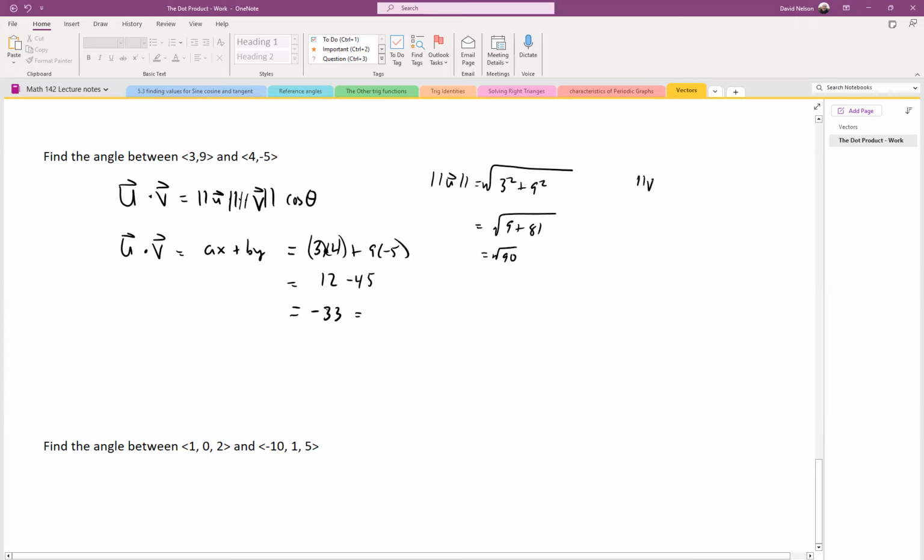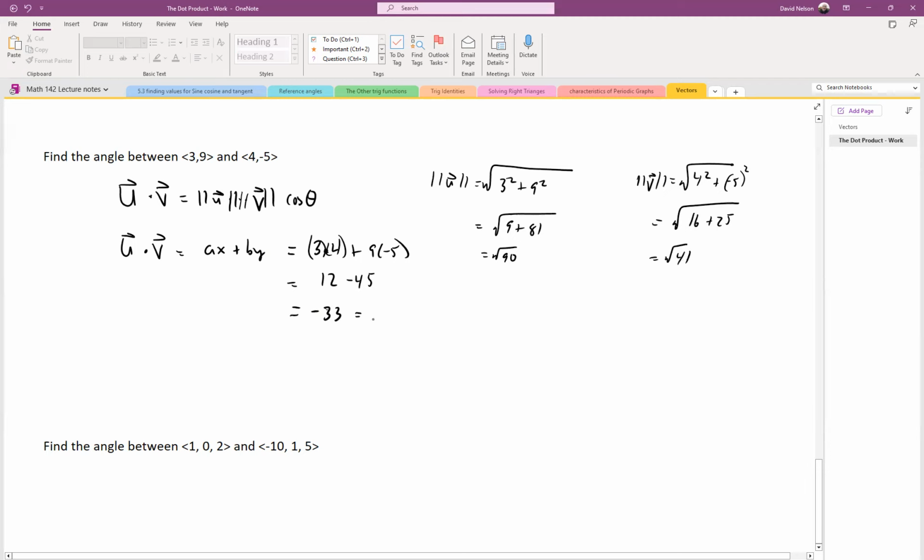And the magnitude of v is the square root of 4 squared plus (-5) squared, so the square root of 16 plus 25, which is 41, the square root of 41.